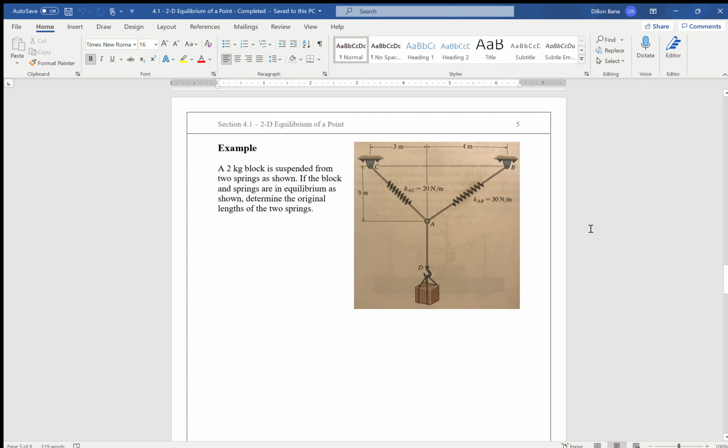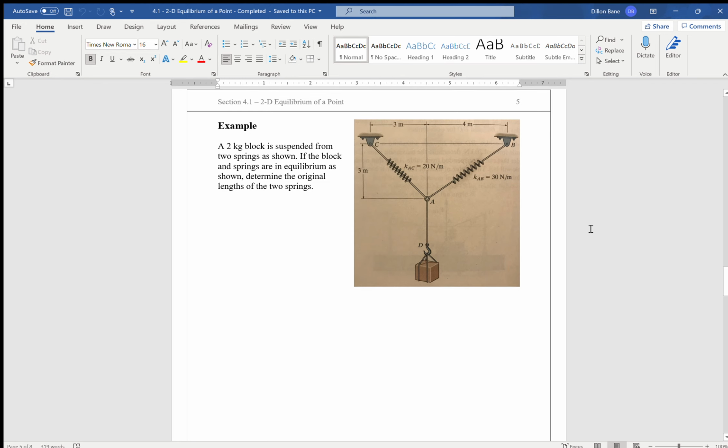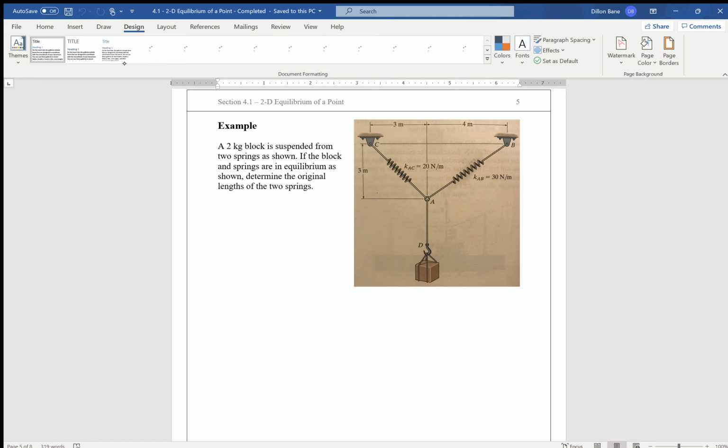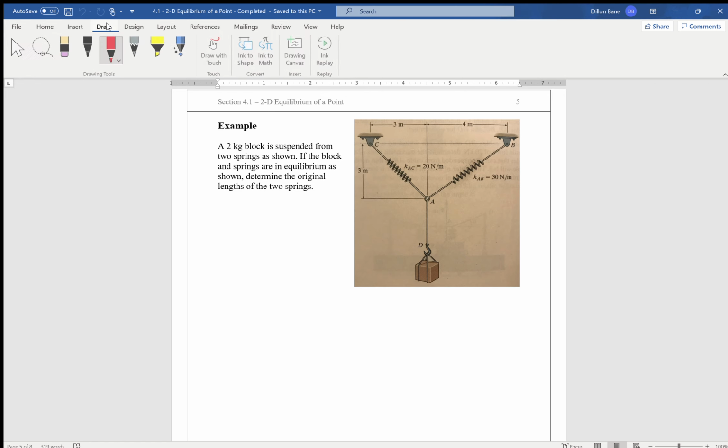So as always, let's let our first step be drawing a free body diagram of the point. As you have seen, there's a theme to these problems.